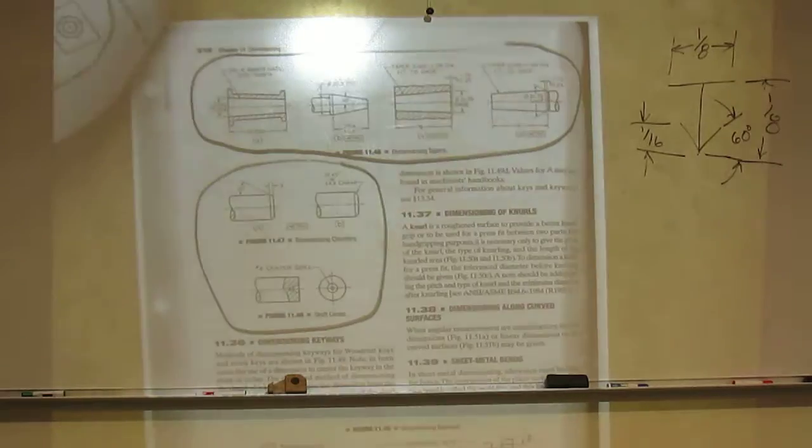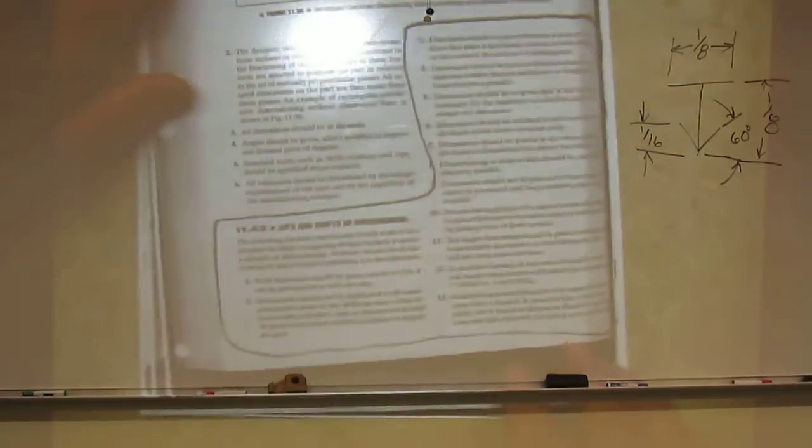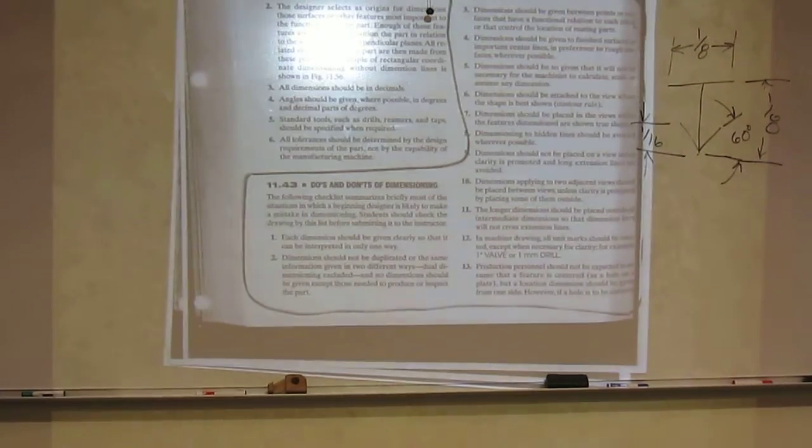What I really wanted to point out for today is if you would turn to page 322 of the handout. This is the checklist I use. I don't use the one in our text. Do's and don'ts of dimensioning. I hate to tell you this, but there's 58, 59 of them.